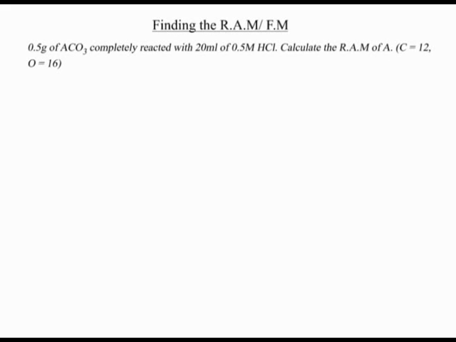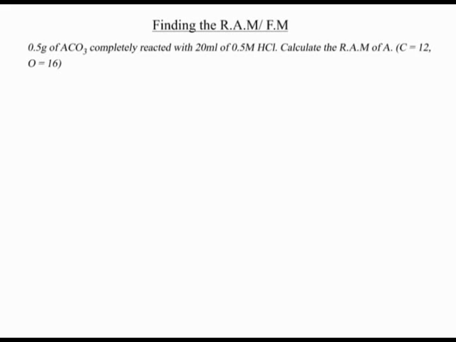Let's take an example. 0.5 grams of A carbonate completely reacted with 20 milliliters of 0.5 molar hydrochloric acid. Calculate the relative atomic mass of A, and you are given the relative atomic mass of carbon is 12 and that of oxygen is 16.